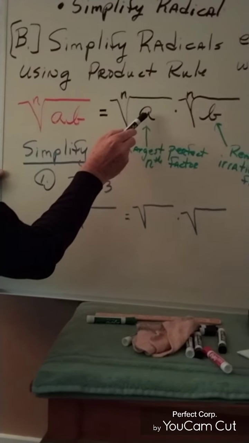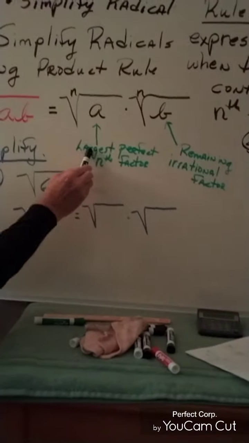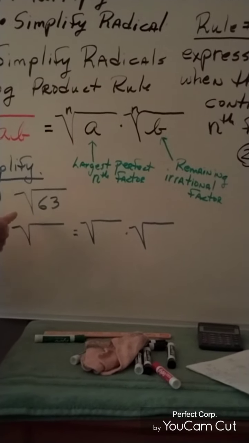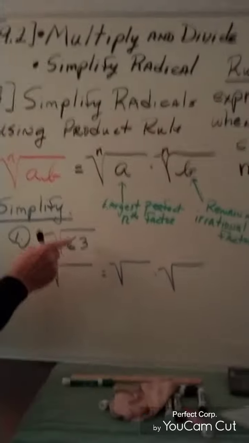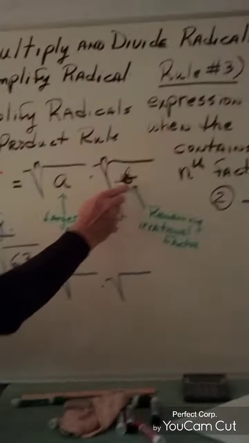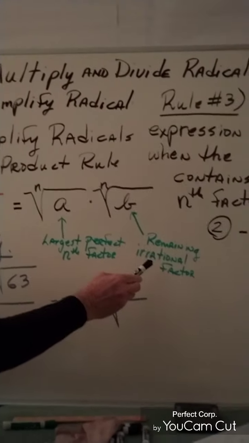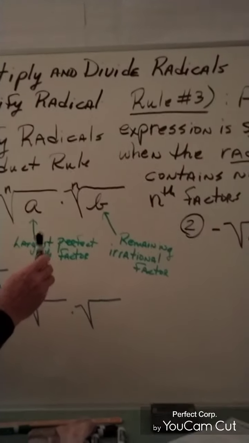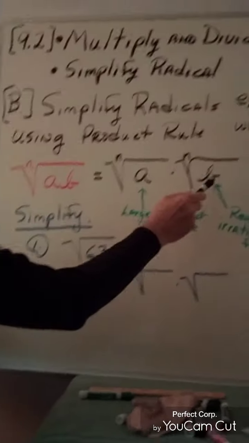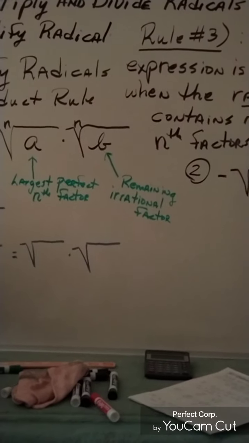Our first factor, A, must be the largest perfect nth factor, or in this case, the largest perfect square factor that 63 has. The B factor, the B radicand, will be the other factor that multiplied together with this A factor gives us the 63. Now that other factor is going to be an irrational factor.